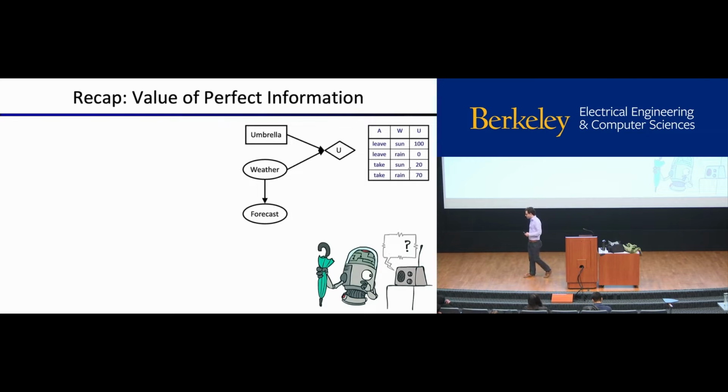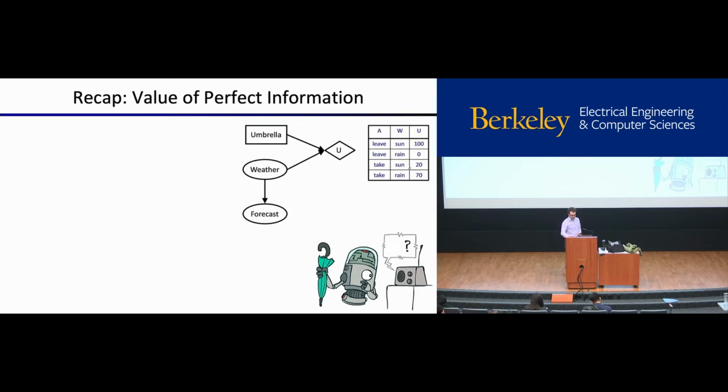And you say, okay, well, what's the value of one of those scenarios? Well, we're expected utility maximizers. So it's the maximum expected utility for either of those scenarios. If I don't know the forecast, I'm going to do maximum expected utility. If I do know the forecast, I'm still going to do maximum expected utility. So it's just how much does knowing this information, whatever it is, help me to maximize my expected utility.